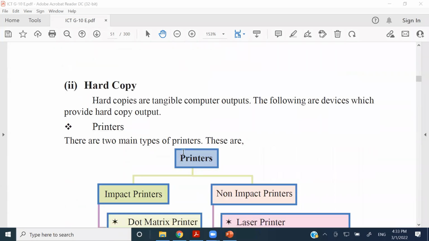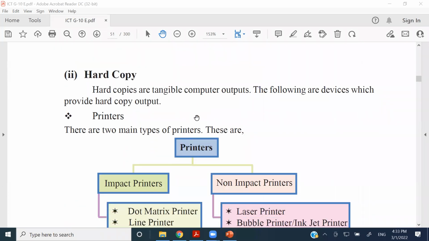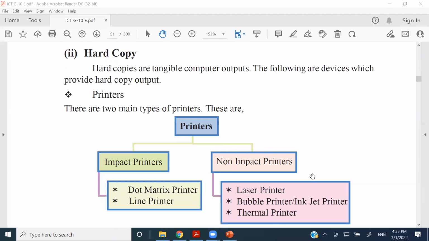And now we are coming to the hard copies. When it comes to hard copies, it's the different kinds of printers that we have, because a hard copy is generated by a printer. So printers are majorly divided into two parts: impact printers and non-impact printers. Now, these impact printers will use an impact. So they hit on some particular surface and create the output.